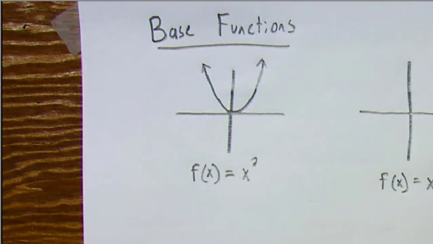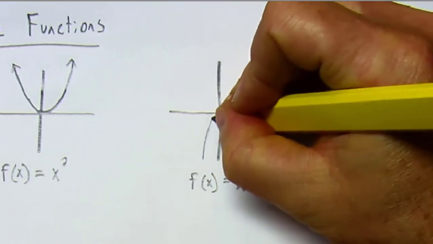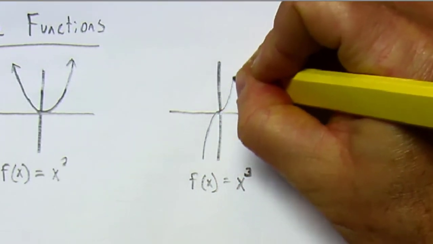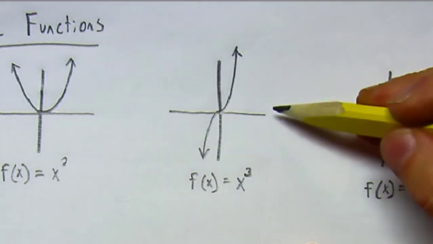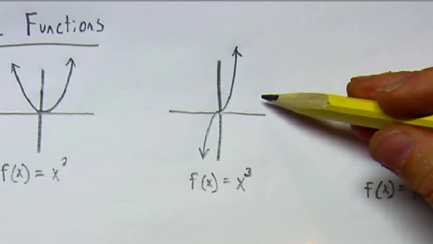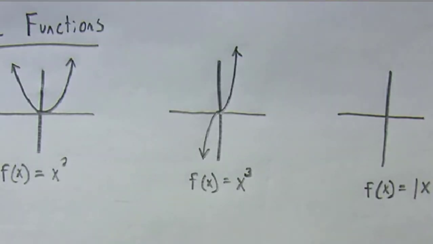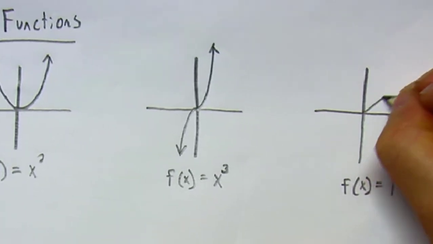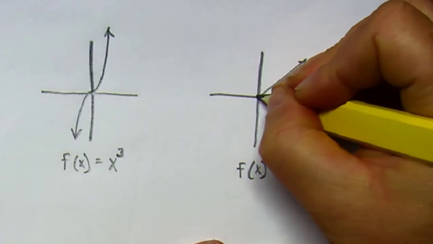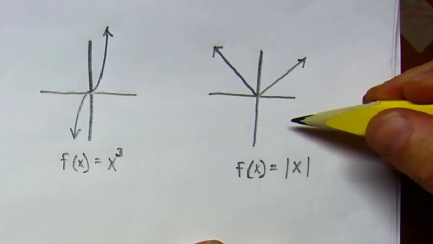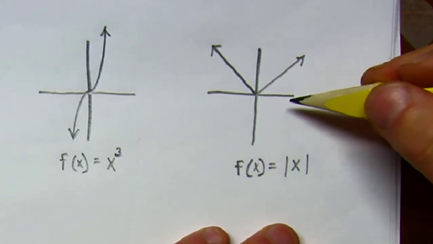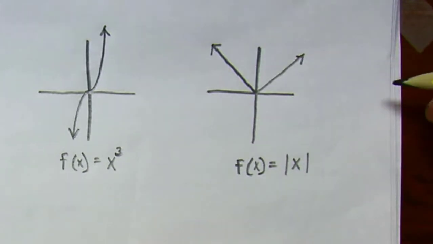Of course, x squared is a basic parabola. X cubed is a zigzag like a twisted parabola. And the absolute value of x is our v function. If those don't come to mind immediately, you need to study those.